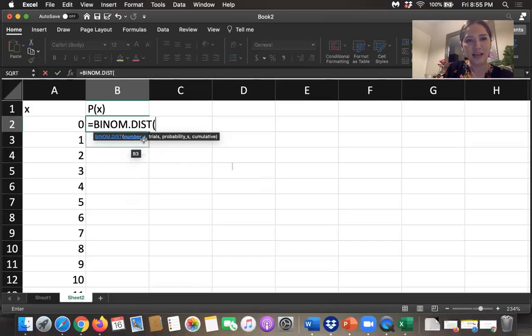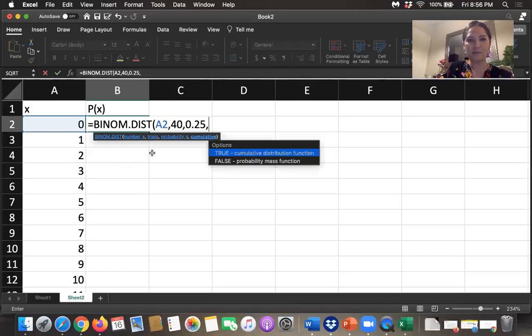But the first variable that you need to type in is the number of successes. So I'm going to say I want the binomial distribution with x successes. And after this, they want the number of trials, 40 trials. And they say, what's the probability of success in one trial? 0.25. And then this last one is asking you if you want a cumulative probability or a probability of exactly x successes.